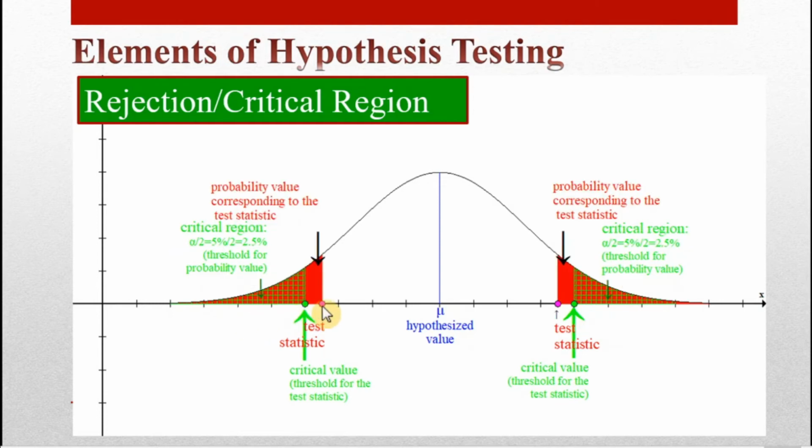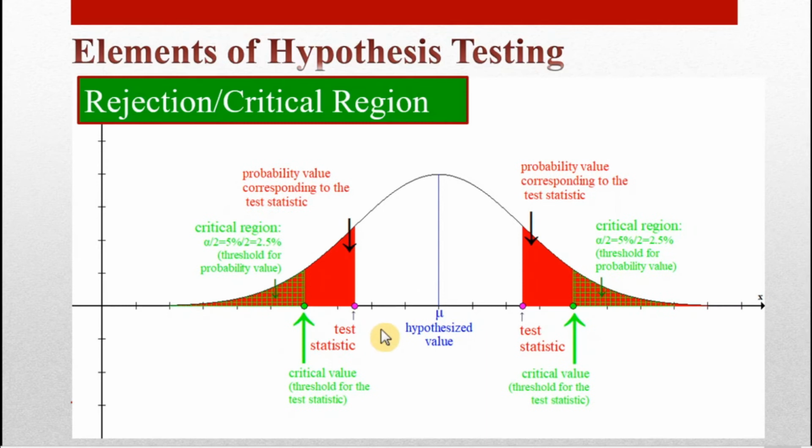But if our test statistic is increased so that it gets here, then we say that the test statistic is not different. Remember, that is our null hypothesis. It's not different from our hypothesized value. So we accept our null hypothesis. Let us move further.